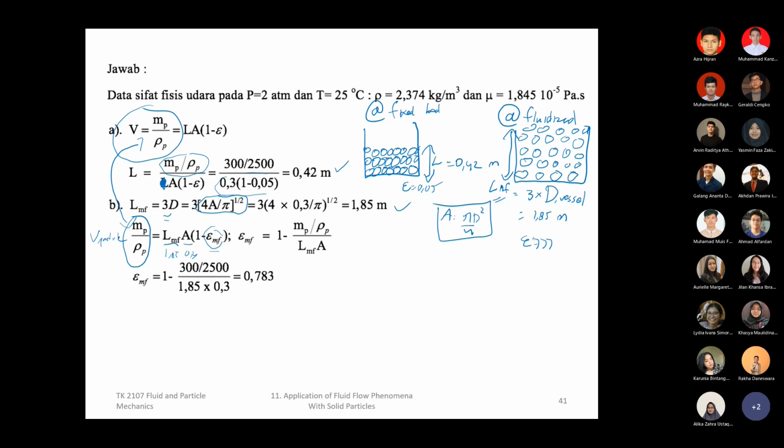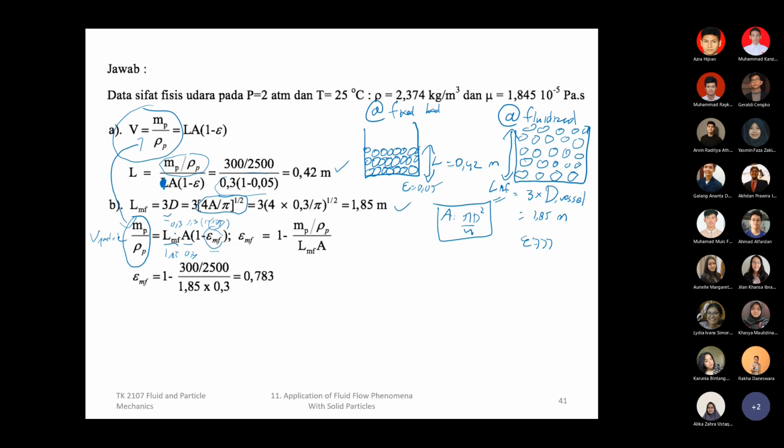Previously we used the same principle with the epsilon at 0.05, so 1 minus 0.05.